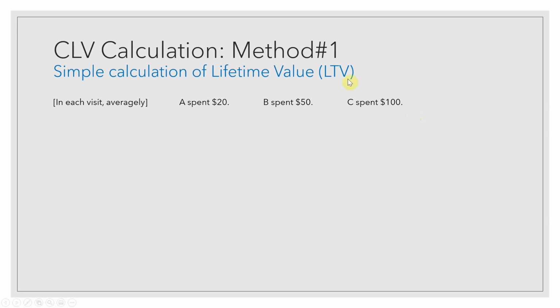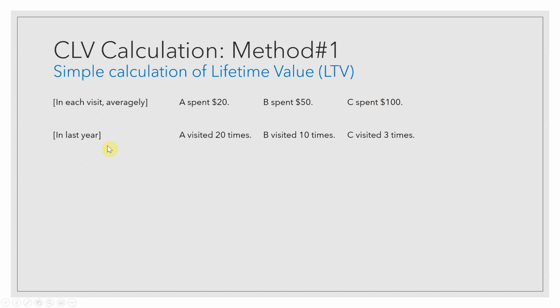You might say C, because the person spent more than other two. You are correct. So regarding the average spending, C is the most important customer. But this is based on only one factor, right? And we can consider more factors, about three different customers.